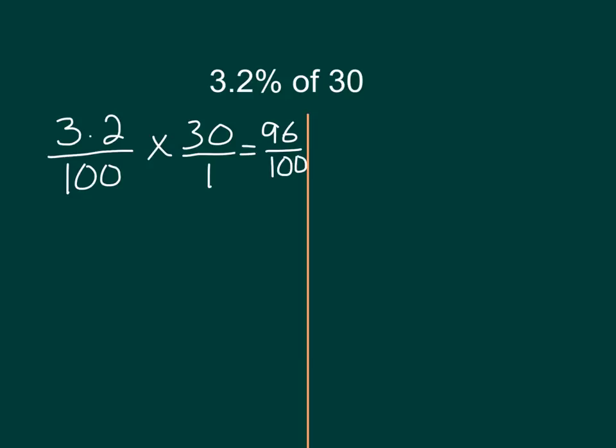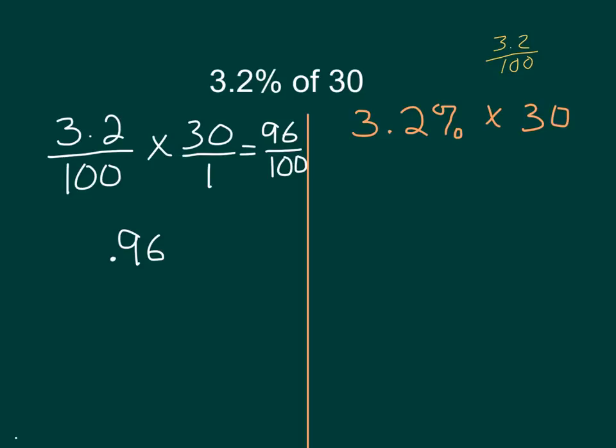Now I could do 96 divided by 100, but I don't even need to because I know 96 hundredths written as a decimal would be this way. It's quicker to just write it out when you say it out loud. So 3.2% of 30 is going to be less than 1 whole. It's going to be 96 hundredths.